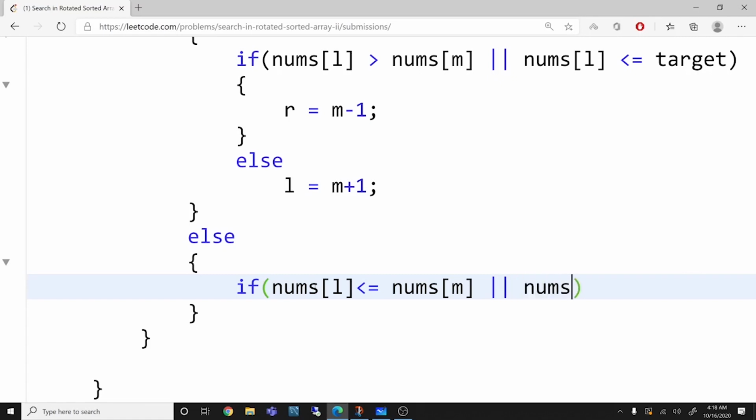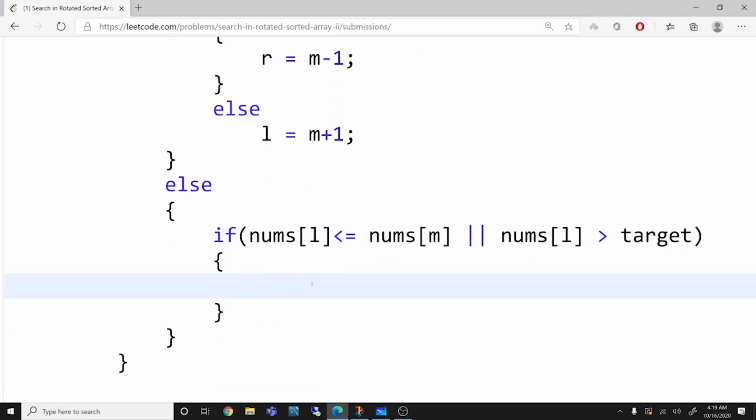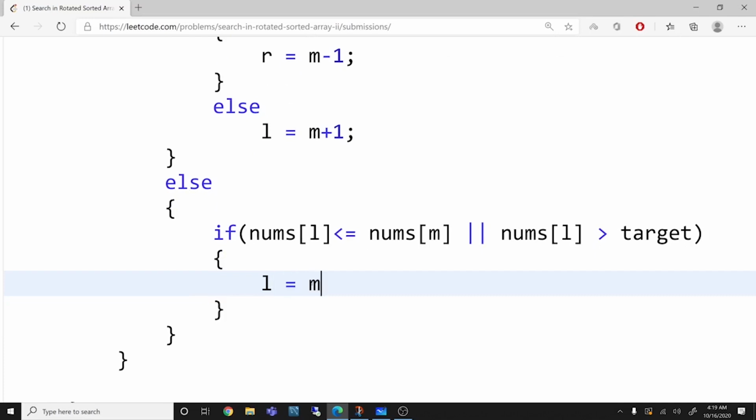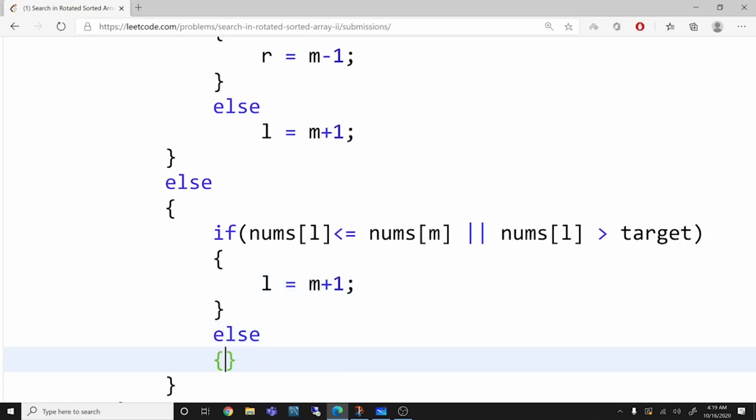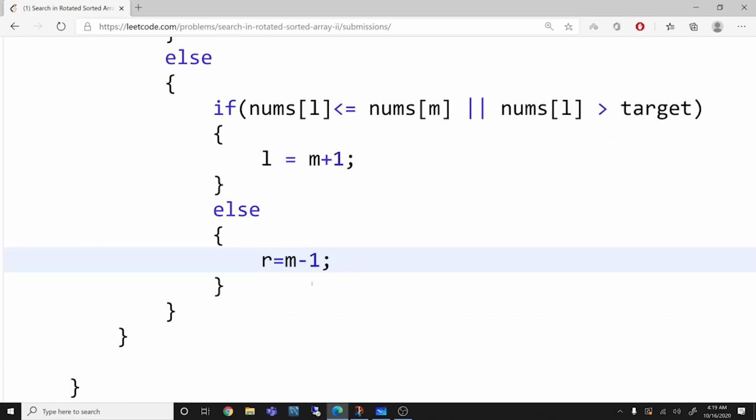Or nums of L is greater than my target. So if my nums of L was greater than my current target, that means I had to move ahead my nums of L so as to try and bring it in the lower line. Alright. So in this case, I was making L is equal to M plus 1. If none of these were true, then I was bringing my R behind. R is equal to M minus 1.